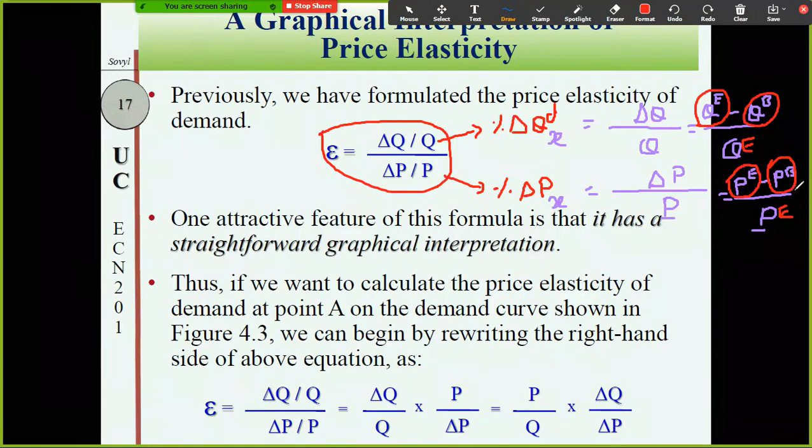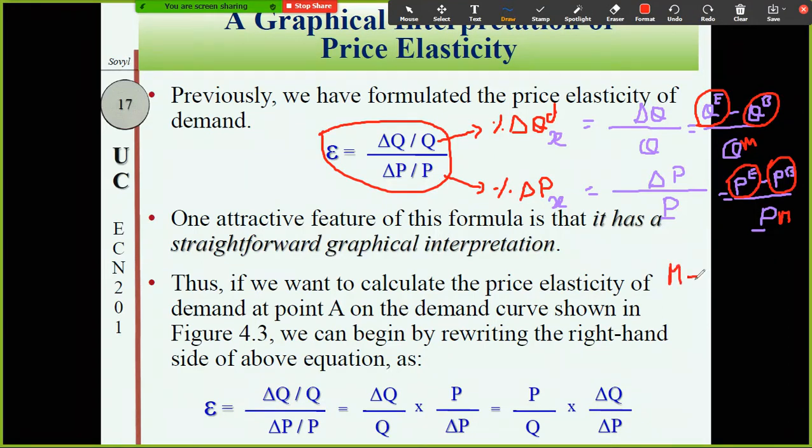Okay. But if the question is asking not at the original price, nor at the new or ending price, but at the middle price, we also divide by the middle. Middle is M. How to find the middle price?